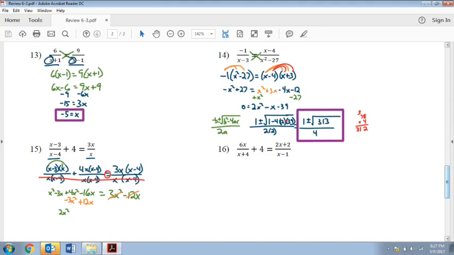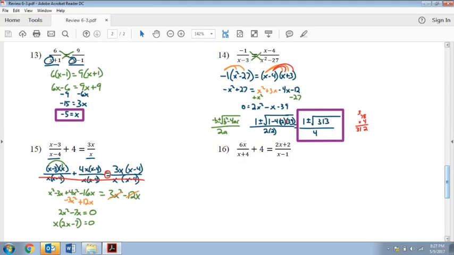We have 3 minus 16 is negative 19, plus 12 is negative 7. So that's negative 7x equals 0. And that factors quite nicely down to x times 2x minus 7.